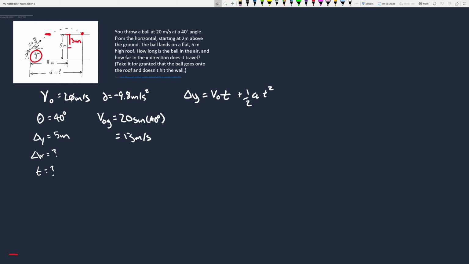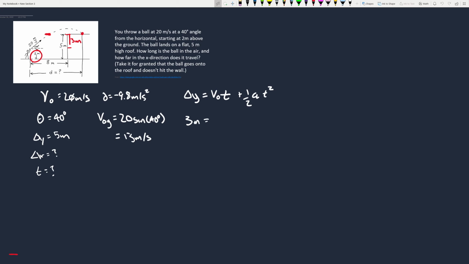So when we fill that out, I'm actually going to write 3 here, and I'll tell you why. So the problem states that we're already 2 meters above the ground when the ball is launched. So we take the 5 meters, which is how tall the roof is, and we just subtract 2 from it. So we'll get the total displacement is going to be around 3 meters.